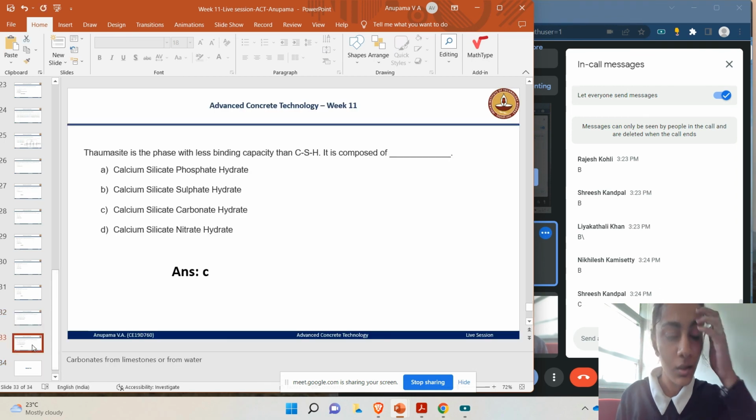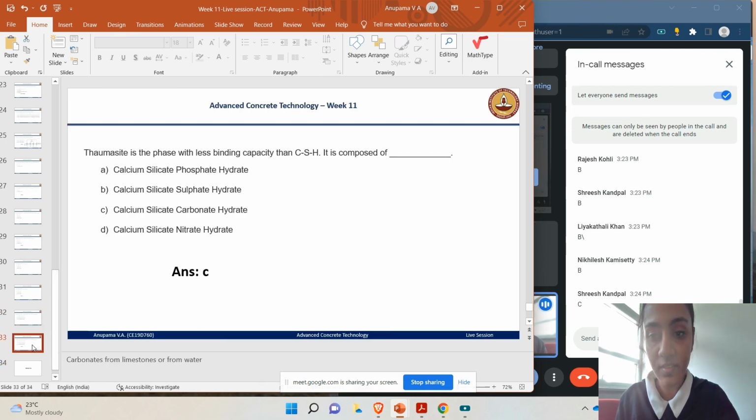That is the slide heading. Okay, so then you are saying it is B and C. Actually, that's why I got confused, because hydrate is not there. When sir was explaining, he said calcium silicate, then he wrote S bar, that is sulfate, and C bar, that is carbonate. Okay, fine. So the answer will be B and C.